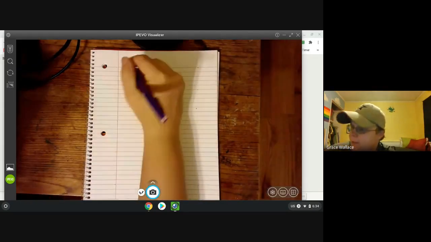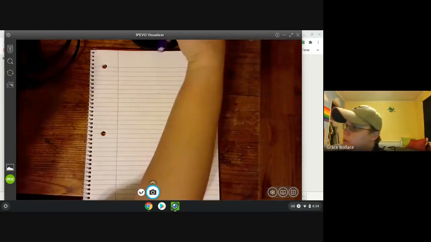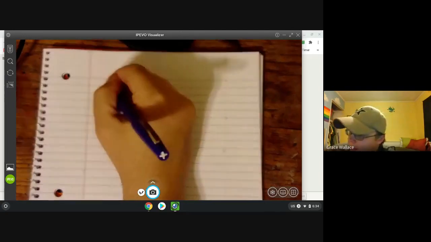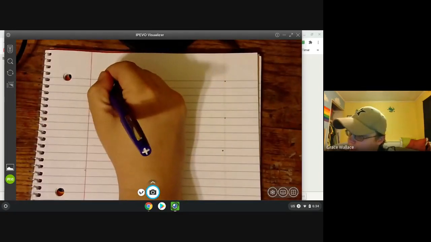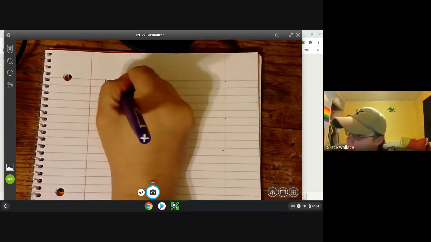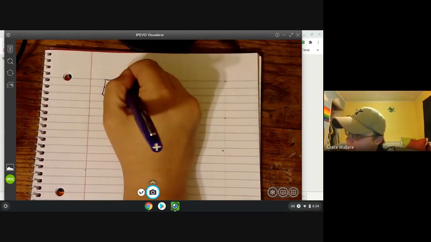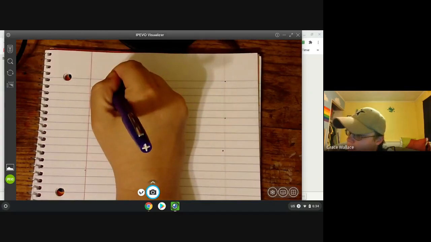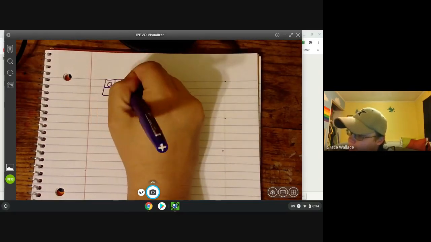So they had 11 objects total. Make sure you're doing this with me. They have 11 objects total. I'm not trying to do a 10 frame because that's easy for me.